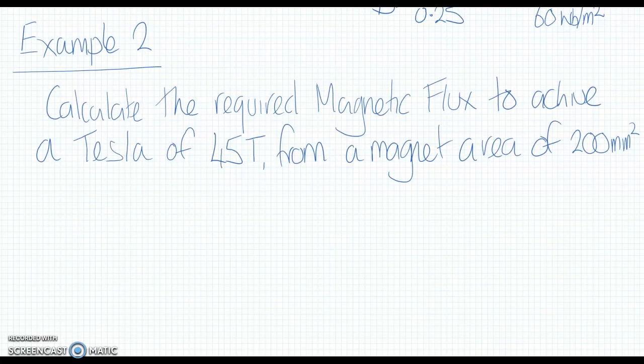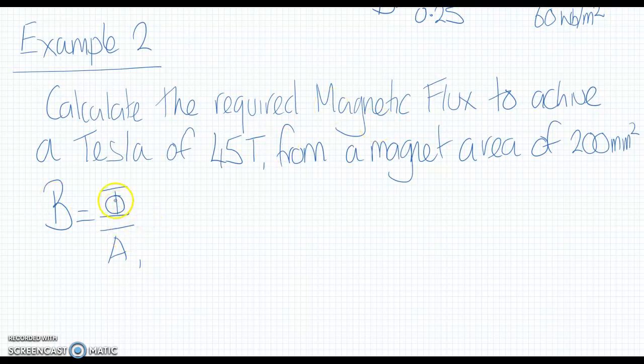In this question we've got to calculate the required magnetic flux to achieve a flux density of 45 Tesla for a magnetic area of 200 millimetres squared. So what we do here is, again, recall the formula. The more you do it, the more you remember. And we're going to rearrange the formula for phi.